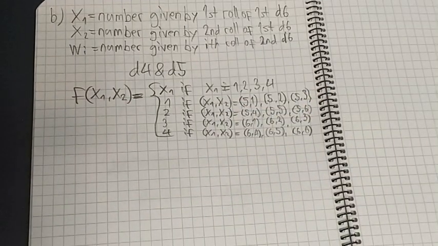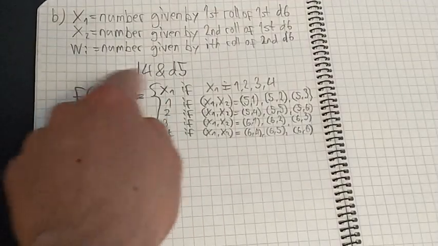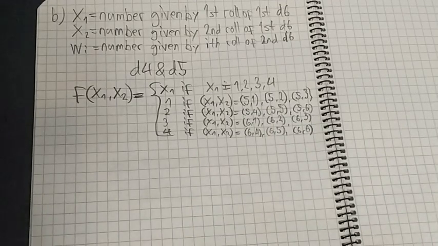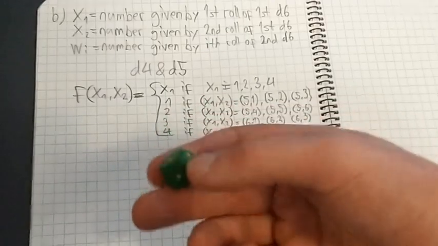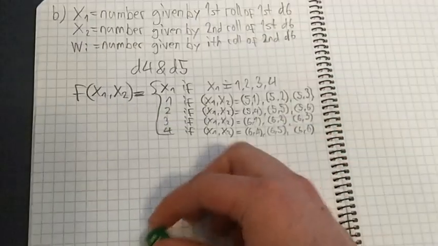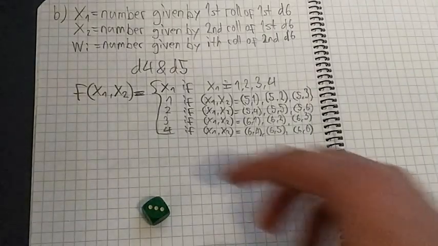So this would be one way to write the function f, transforming these x1 and x2 into a d4 result. If the first roll is 1, 2, 3 or 4, we don't need to throw again, and we have the final result immediately.